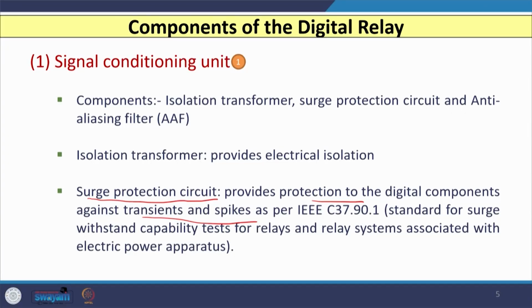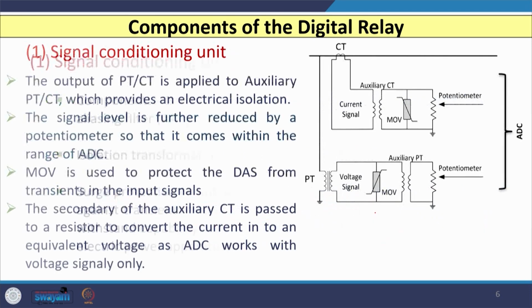Whenever such a surge protection circuit is provided, it has to be as per IEEE standards, which relate to the surge withstand capability test of relays as well as the surge capability test for various relaying components or systems associated with electric power systems or apparatus. As per this standard, the surge protection circuit is provided in the digital or numerical relays.